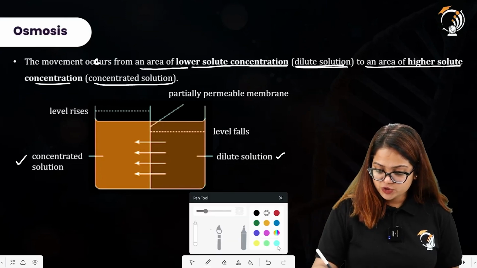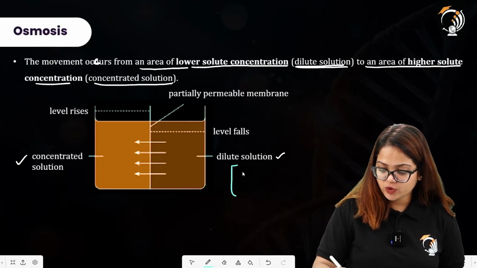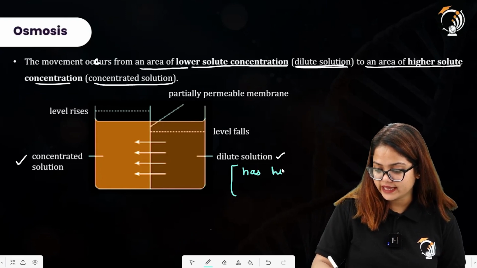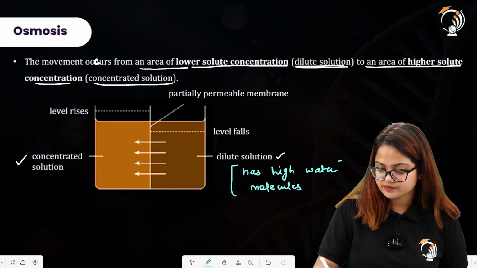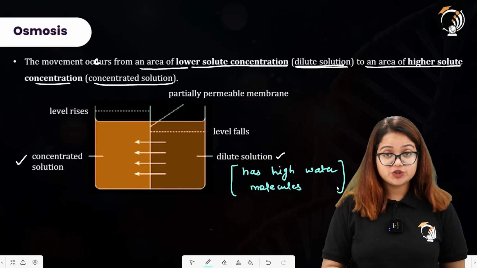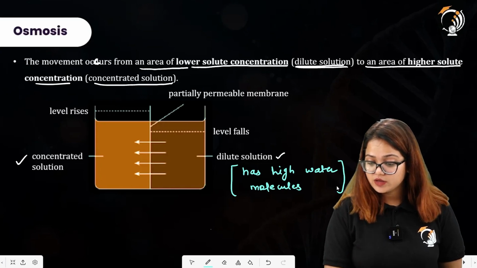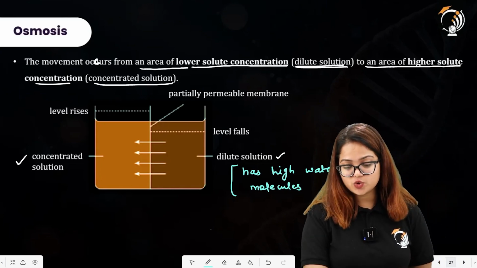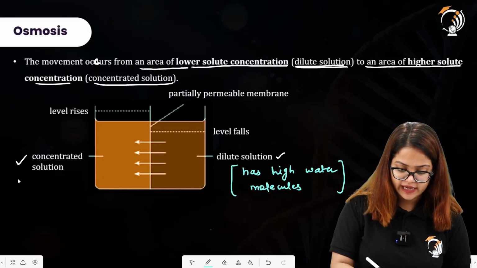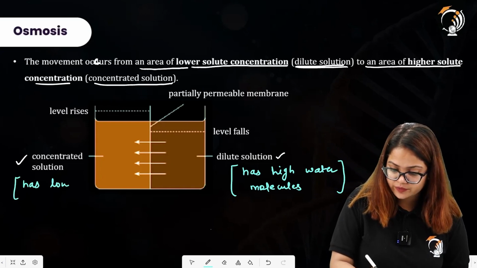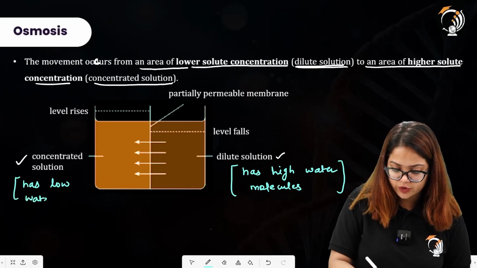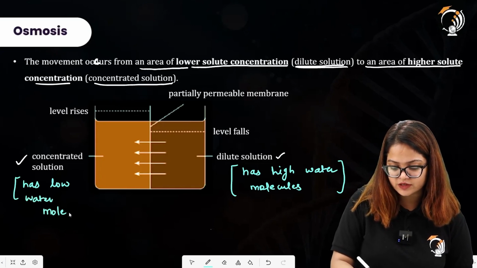The dilute solution has high water molecules. The concentrated solution here has low water molecules.